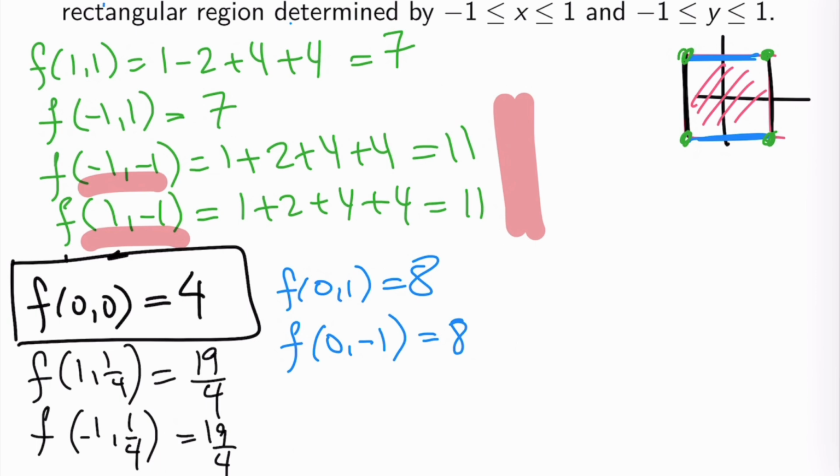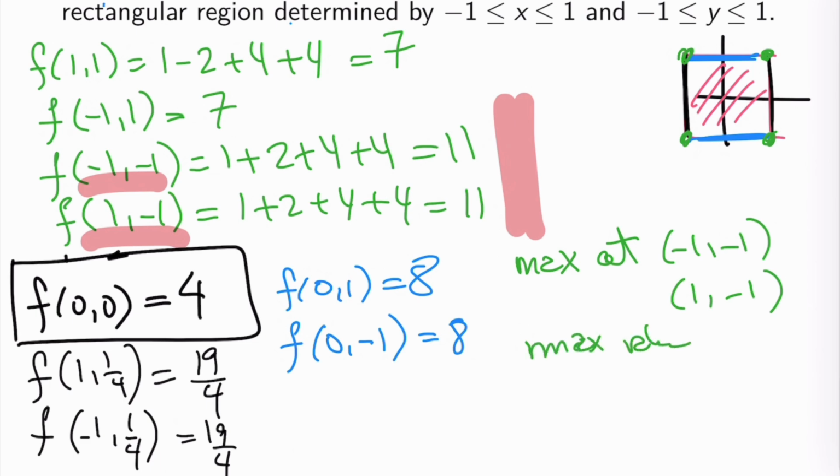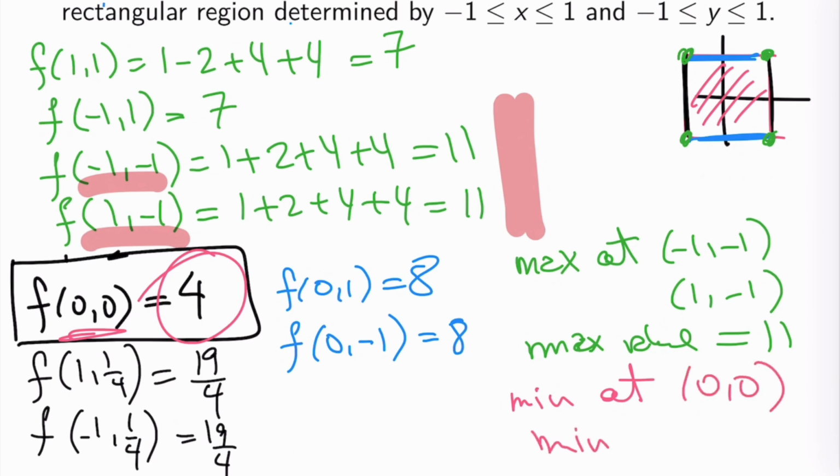We can write down that the maximum is going to be at (minus 1, minus 1) and also at (1, minus 1). And the maximum value is equal to 11. And the minimal number here is 4. So the minimum happens at (0, 0), and the minimal value is going to be 4.